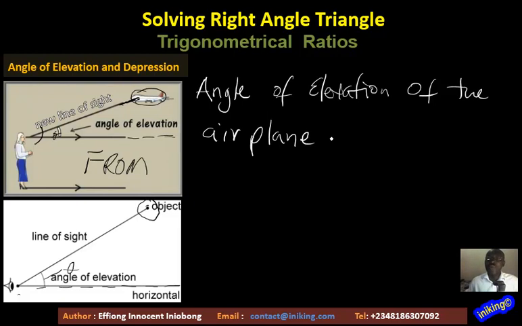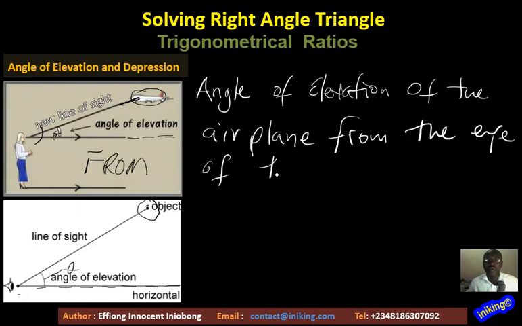Then we'll now describe where the angle of elevation is taken from. We'll now say from the eye of the woman, in this case, is, let's say, 30 degrees. Take note of the word from.